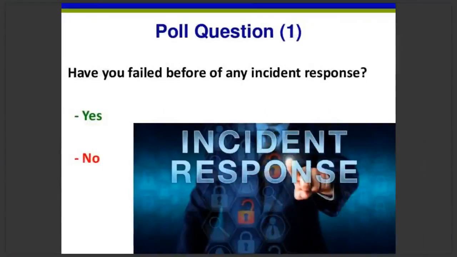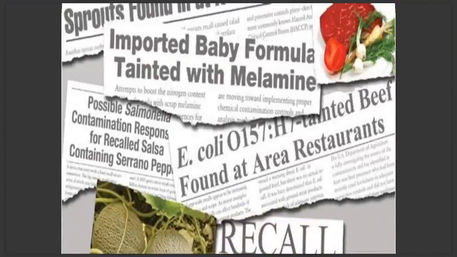Starting with an introduction: every day we hear about food safety recalls from different organizations, and also about food poisonings. All of this starts as a small incident which grows bigger and leads finally to a crisis, a recall, and a big loss for many organizations as well.